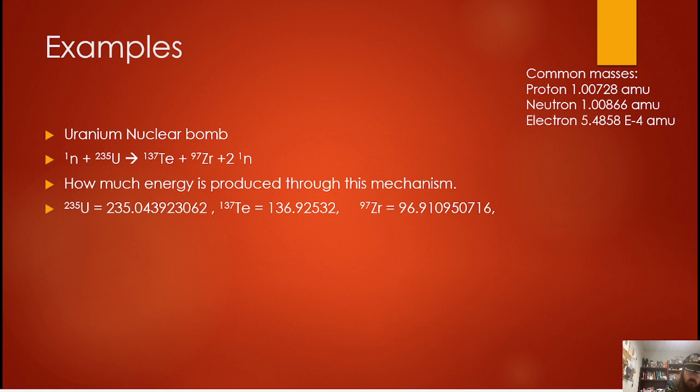Tellurium and zirconium are 136.92532 and 96.910950716. Okay, I had to write these down before I flip it over.